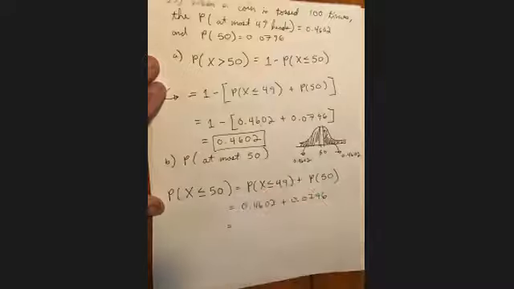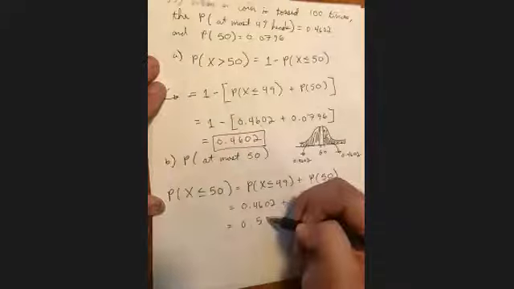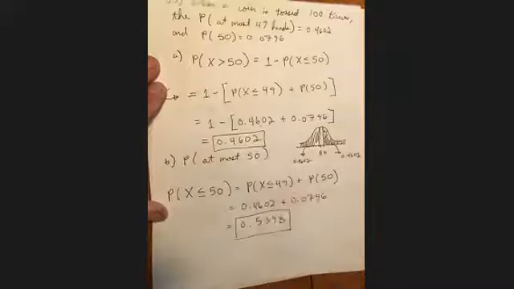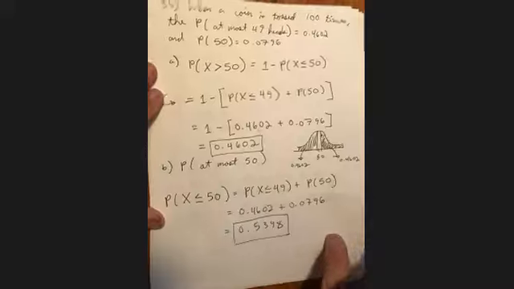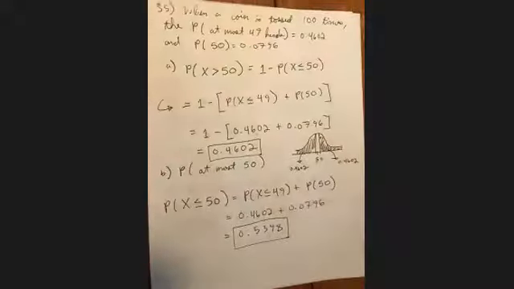So we add those up, and we get 0.5398. So that's a few examples using the binomial probability distribution and different sorts of computations we could do.